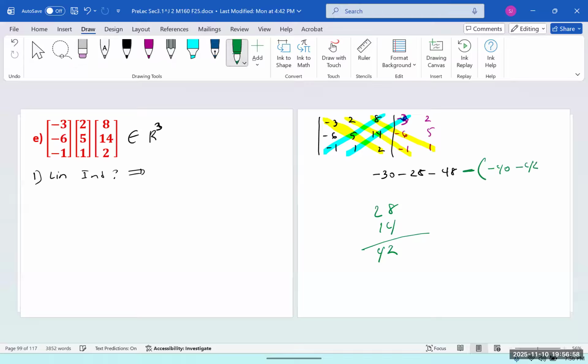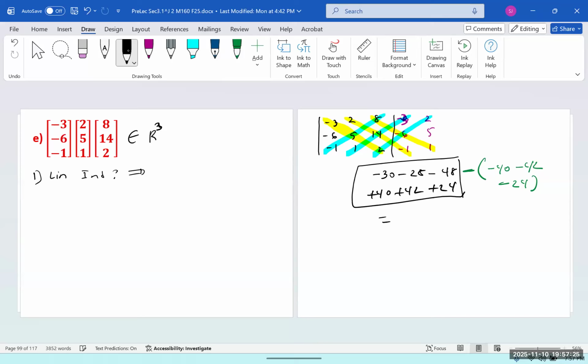Then the last one, 2, 6, and 2, is -24. So basically, all these numbers turn into +40, +42, +24.